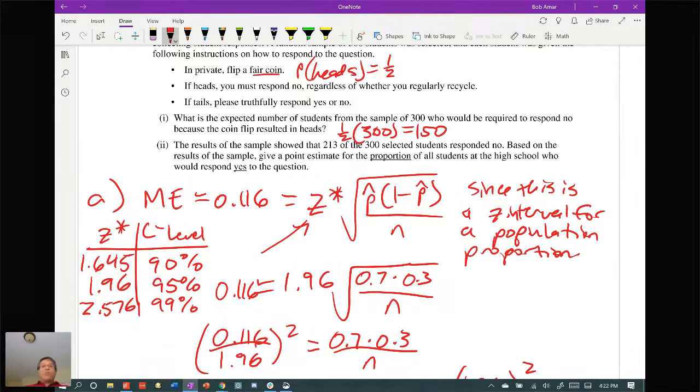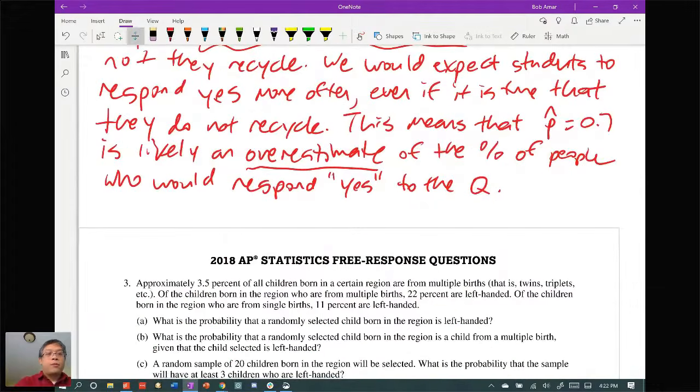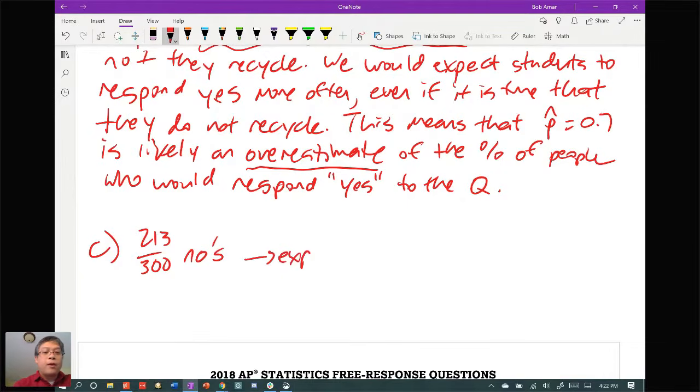Okay. Then the results of the sample showed that 213 of the selected students responded no. Based on the results, give a point estimate of the proportion of all students who would respond yes to the question. So this is 213 out of 300, and we expect 150 are due to the coin.